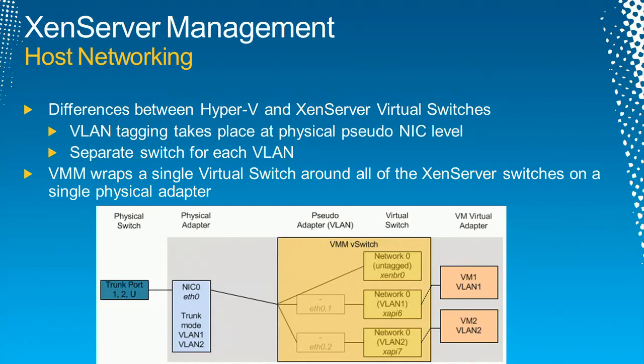You can see here, you have a different vSwitch for every VLAN that you create, but with VMM, we create a VMM vSwitch around this so that it looks like one vSwitch. If you go on the XenServer, you're still going to see the multiple vSwitches that you've created.